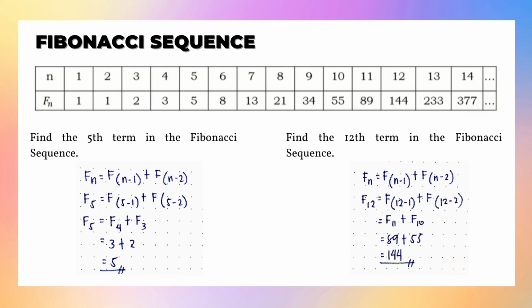Sa pangalawang example, same method and formula lang din yung ginamit natin. Yung n, pinalitan lang natin ng 12, then hinanap natin yung f sub 11 and f sub 10, then pinag-add natin yung value nila and that is 144, which is correct also. Kasi makikita mo sa table na yung f sub 12 ay may 144 na value.